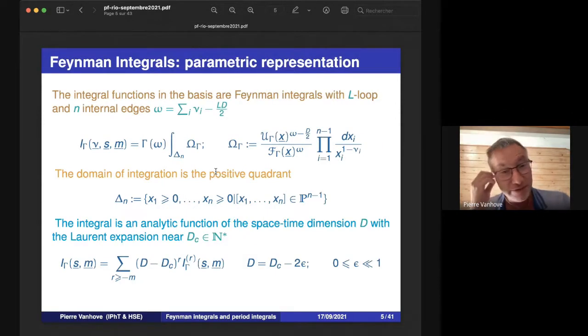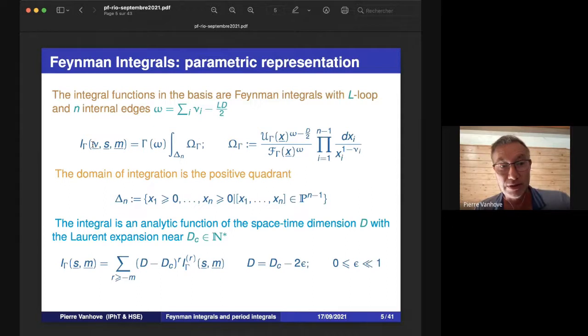So mathematically, for me, a Feynman integral is an integral, you see, in projective space. This is the parametric representation. There are other definitions, but they are not actually needed for this talk.